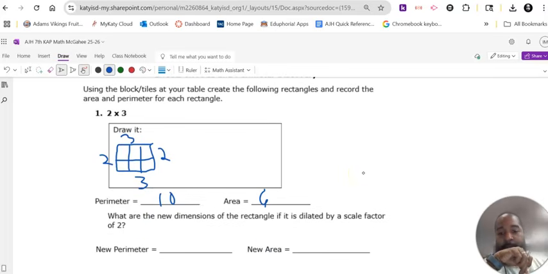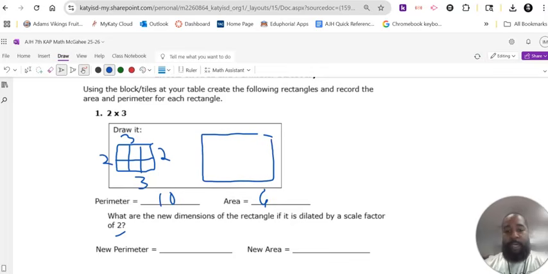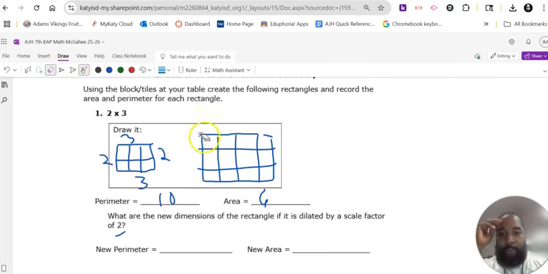Now, what would happen if we applied a scale factor of 2, which means we're going to dilate this thing? So this now becomes double the size. Let's see if I do this right. We now have 4 by, scratch that, I drew a bad picture.